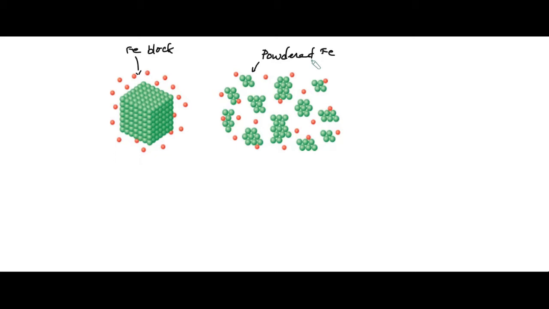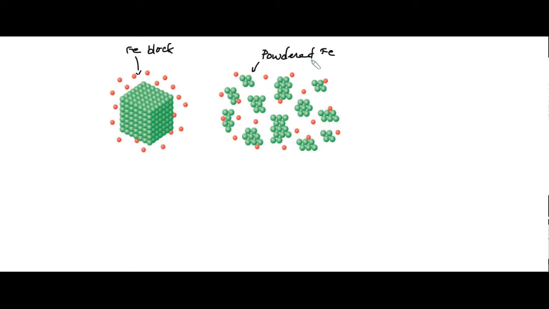But when I'm going with powdered iron, a lot of molecules are getting exposed to copper sulfate solution. The more copper sulfate molecules will be undergoing collision with the iron particles, and hence the rate will be faster if we are going with powdered iron.